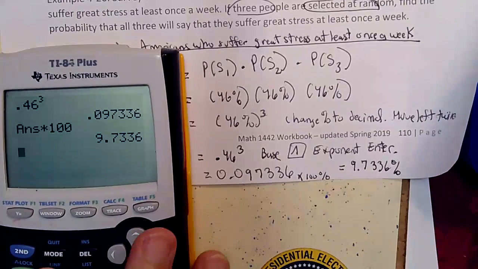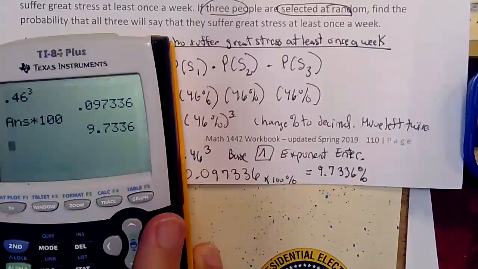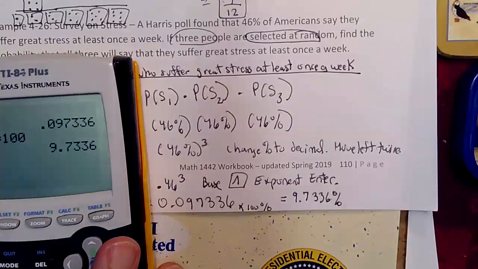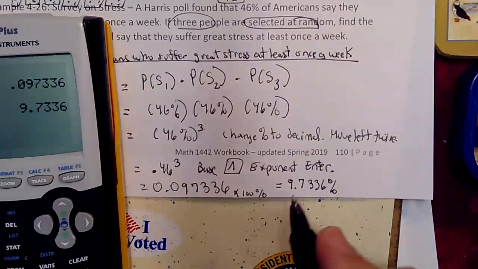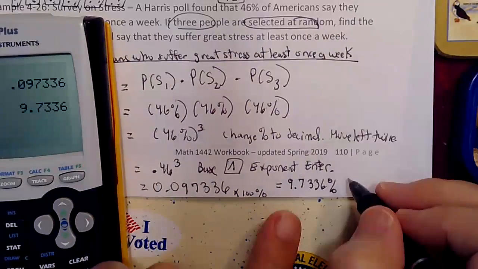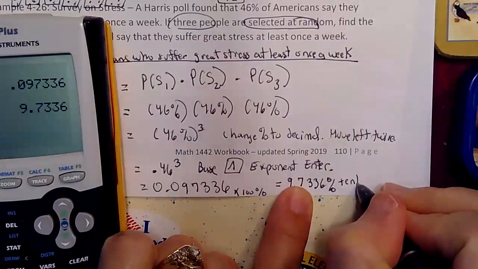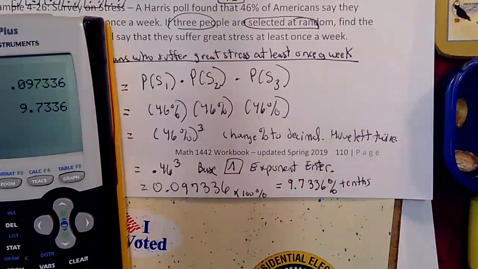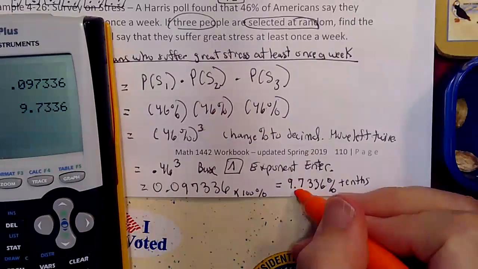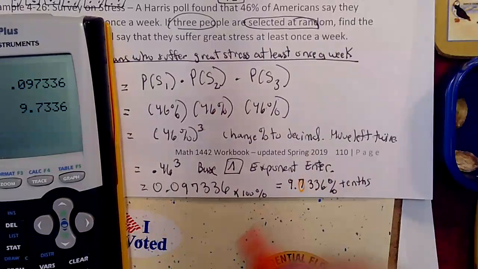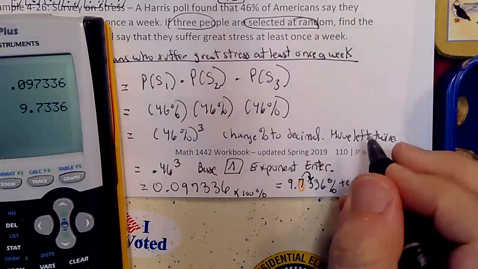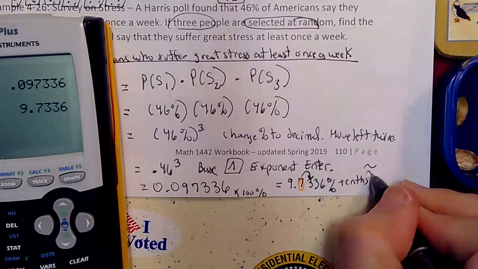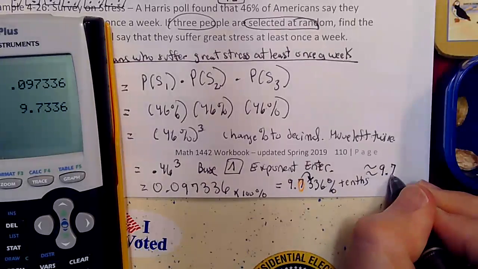They'll either ask you to round to the nearest whole or to the nearest tenths. If I round to the nearest tenths, the 7 is in the tenths place, and the number to the right is a 3, not 5 or more, so it's about 9.7%.